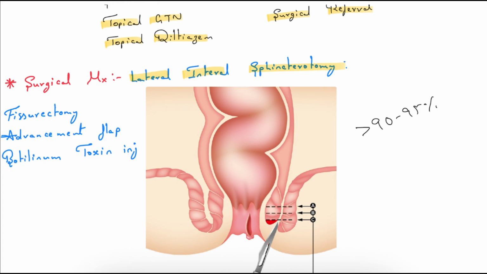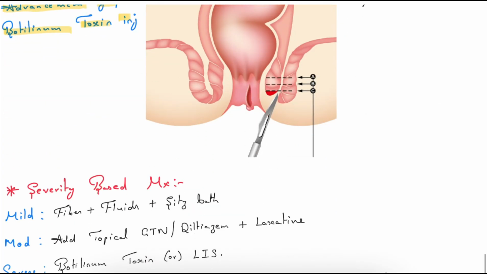Okay, so here you can see some other procedures we can do for anal fissures, like fissurectomy, along with advancement flap and botulinum toxin injections, which are reserved for selected patients.